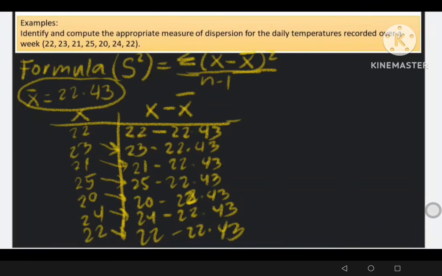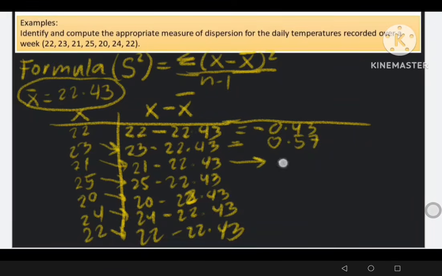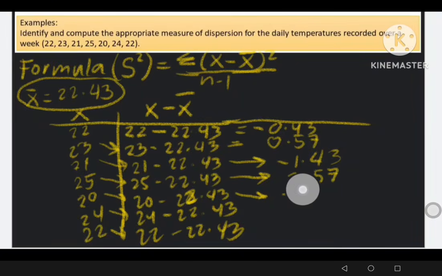So if we're going to get the answer, 22 minus 22.43, we come up with negative 0.43. 23 minus 22.43, we have 0.57. 21 minus 22.43, we have negative 1.43. 25 minus 22.43, we come up with 2.57. And then 20 minus 22.43, we come up with negative 2.43.